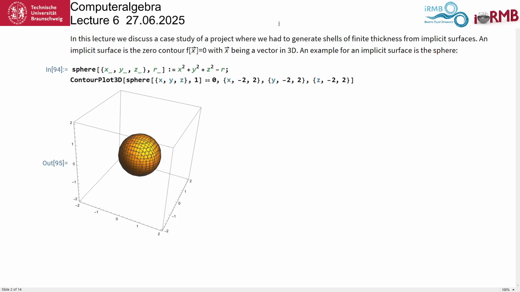One way this is usually done is by using triangulation: you represent objects by a triangulation of their surface. This is maybe the most common way of doing it.